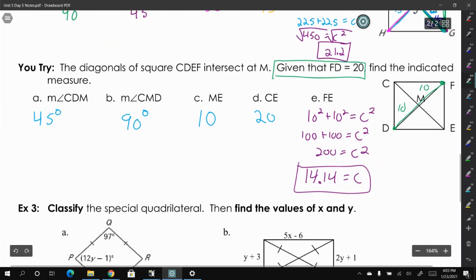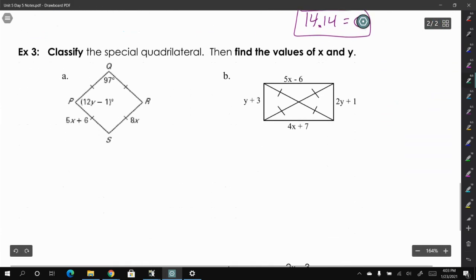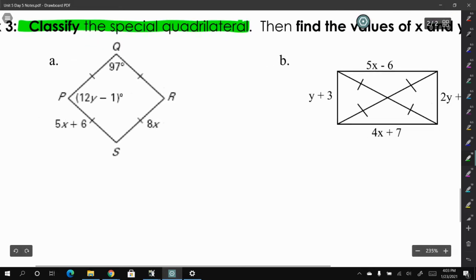So now let's look at example number 3. We're going to classify these quadrilaterals first and then find x and y. So if I look at A, I see that all the sides are congruent. That tells me that this is either a square or a rhombus. This angle right here, though, tells us that angle Q is not a 90-degree angle, so that means that this can't be a square.